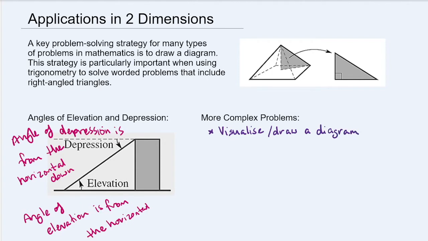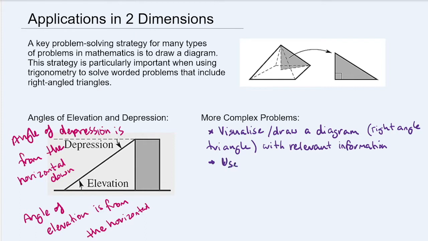And that diagram really should involve a right-angled triangle, with all the different relevant information. So that's the first thing that we want to do.